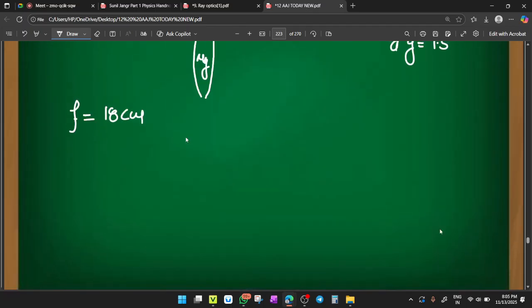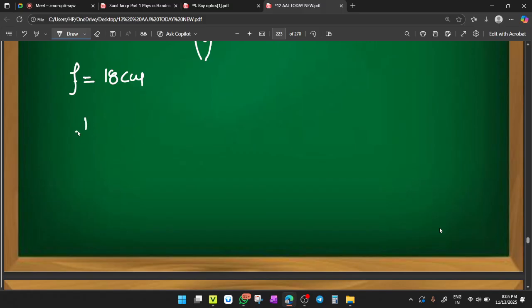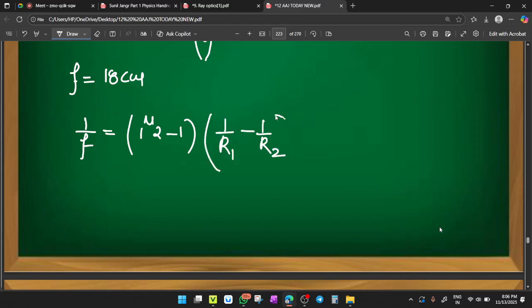Now, what is the lens maker's formula? 1 upon f equals (mu minus 1), or (1 mu 2 minus 1), times (1 upon r1 minus 1 upon r2). Clear or not clear? This is the relative refractive index 1 mu 2 minus 1.